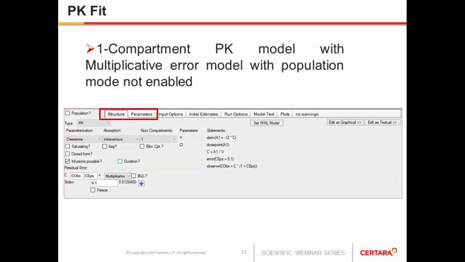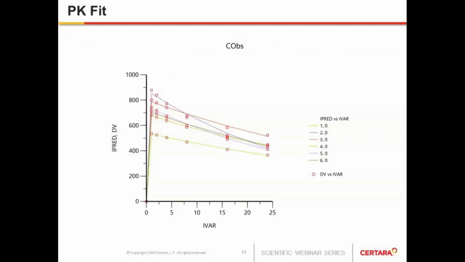I'm using a multiplicative error model, and I want to see the individual fit. Hence, I'm not selecting a population mode in this example. So when I do the PK fit, I could get a better fit of the data.